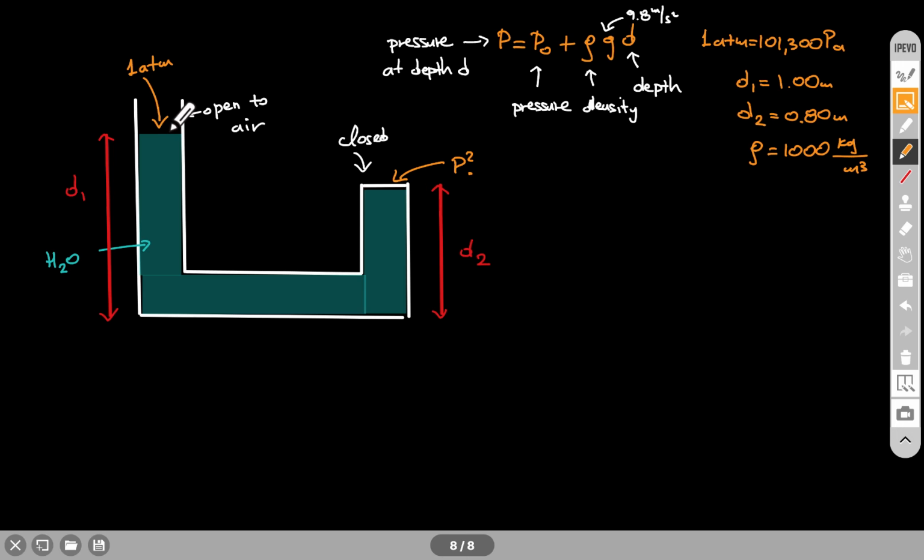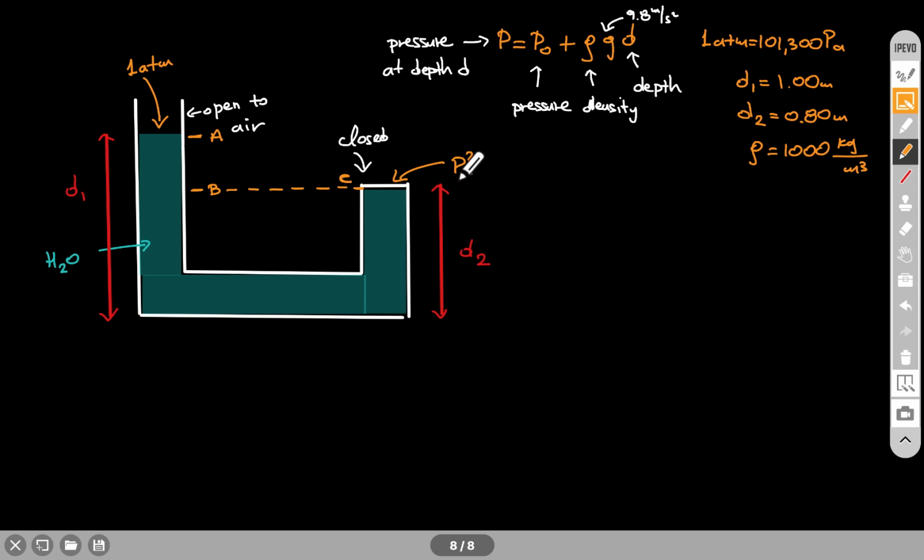So let's call this point A, and let's call this point B. I'm going to go from A to B, and then, as I've shown you in a different video, I know that the pressures at 2 points at the same height are the same.